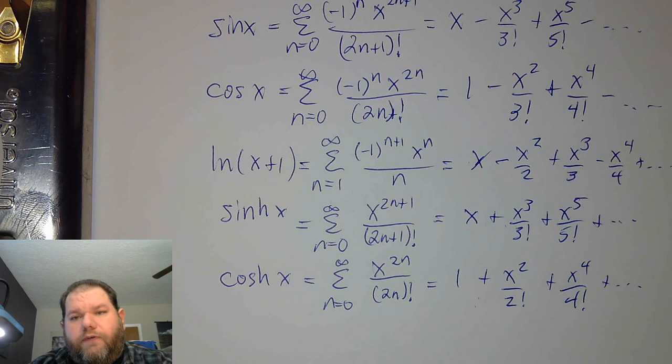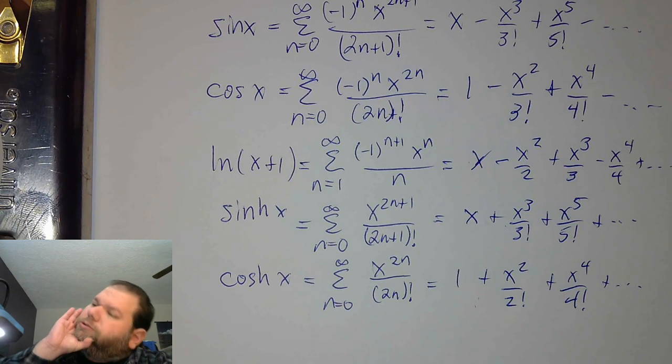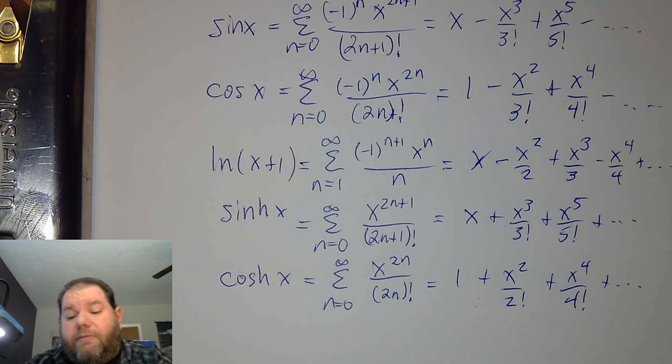Like I said, Euler's formula, which we'll talk about in differential equations, is based on combinations of these power series, e to the x, sine, and cosine specifically. That gives us some interesting results, and is pretty useful for what we do there.